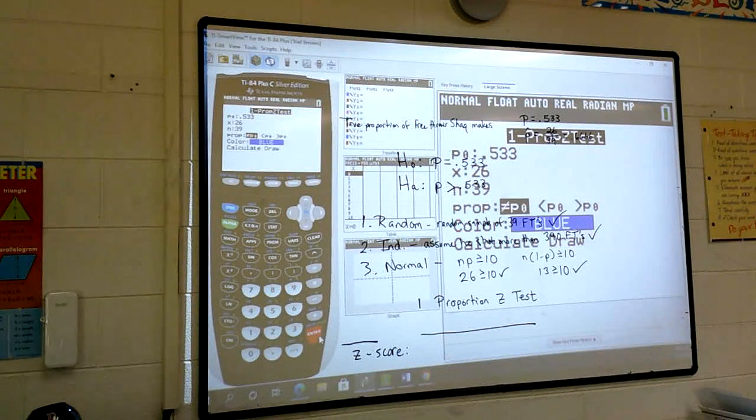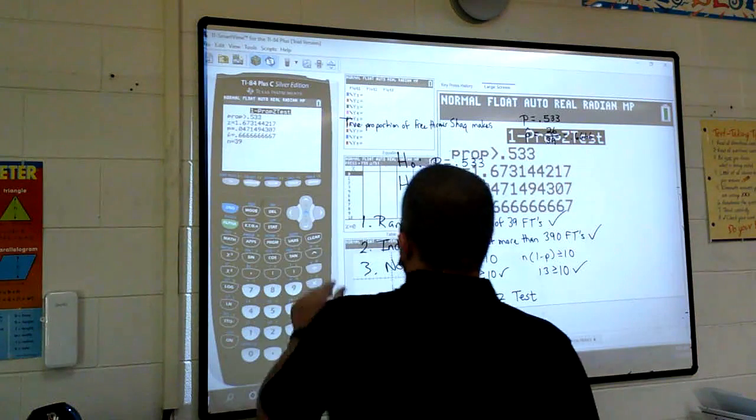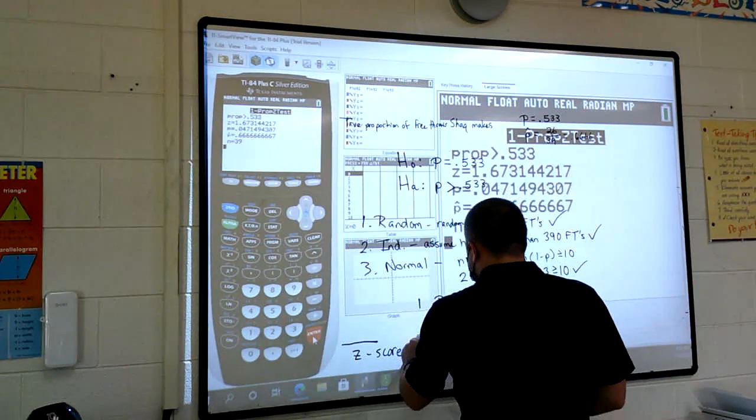That's your alternate hypothesis. Our alternate is that it's greater than 0.533. And we can then go down and hit calculate. Okay, I'll show you what draw is in a minute, but calculate. There we go. We get a z-score of, and you want to go to 2 decimal places, we get a z-score of 1.67.